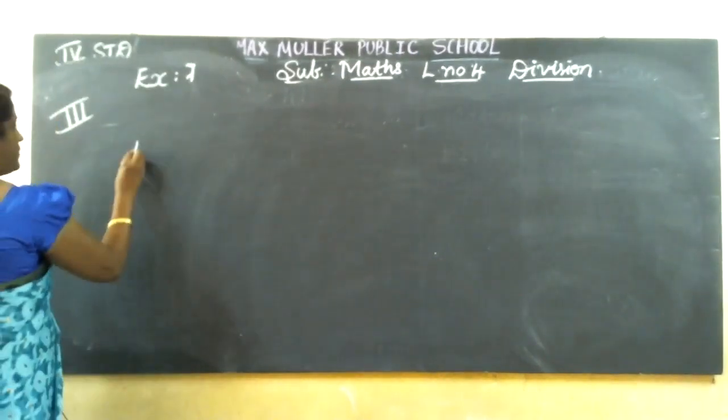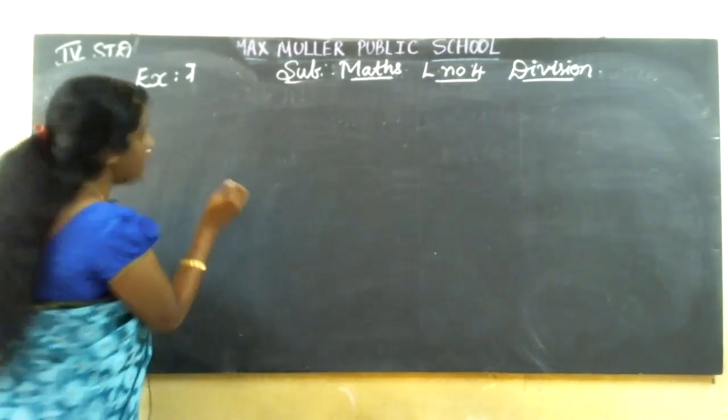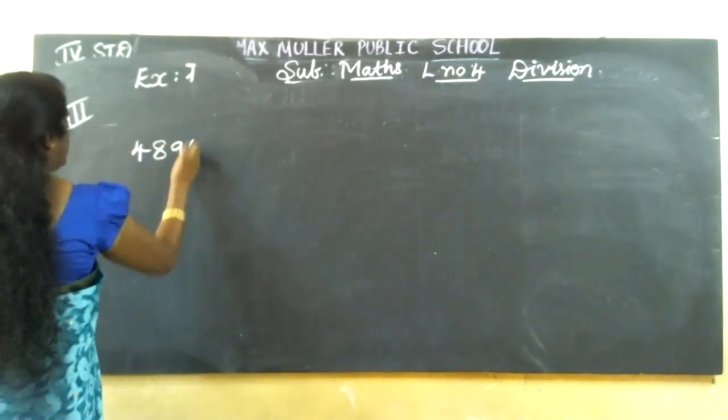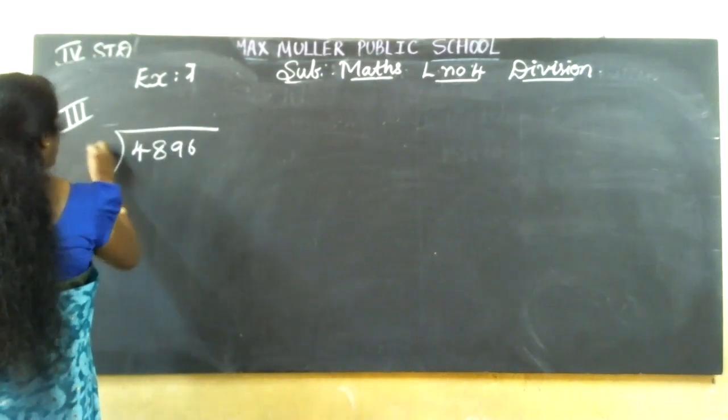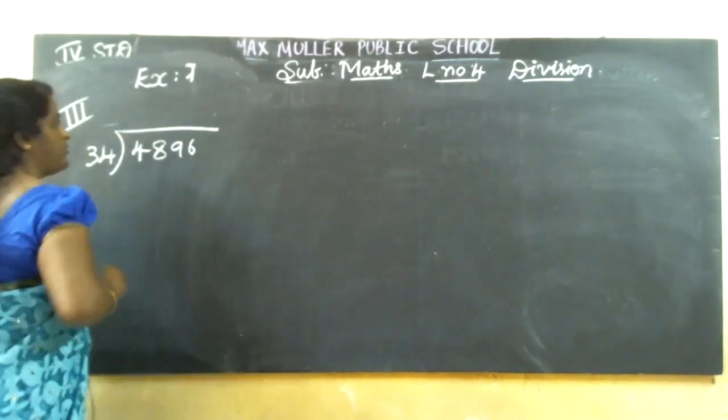First one, 4896 divided by 34. So you don't know the 34 table.